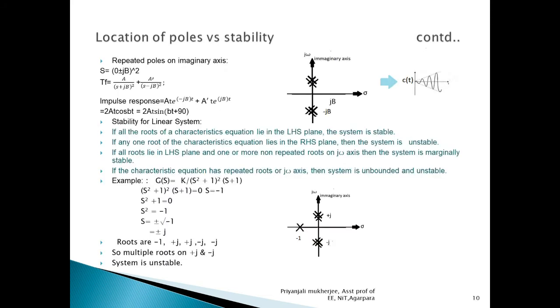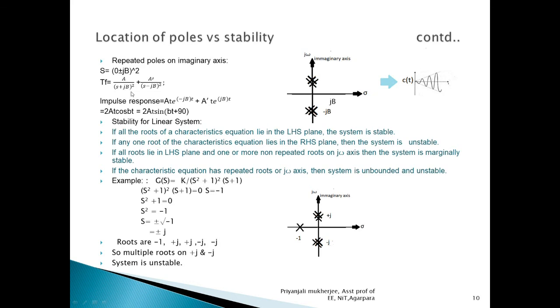And the next one is multiple roots located on the imaginary axis. That means at a single location there are two poles, and at the other location also two poles are located at the same position. So we can write the transfer function like this: 0 plus jb whole square, and the transfer function can be written as A by (s plus jb) whole square plus A dash by (s minus jb) whole square.